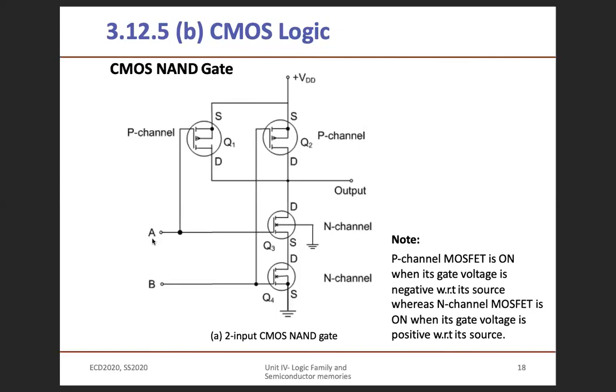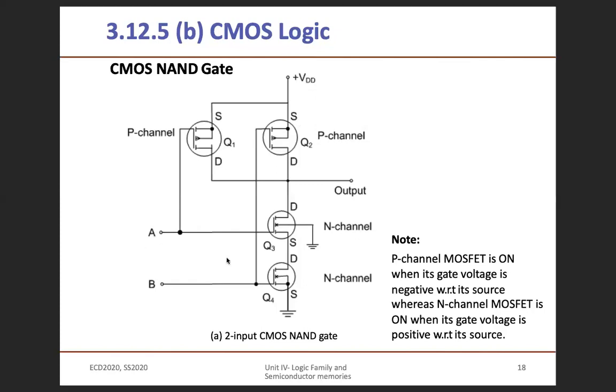Now when A and B are both equal to 1, if you give high voltage to the gate, the P channel will turn off. So these two P channel transistors are turned off. Your output is not connected to VDD because this is turned off and this is open circuit.